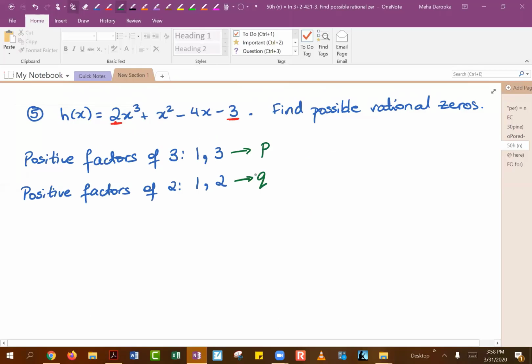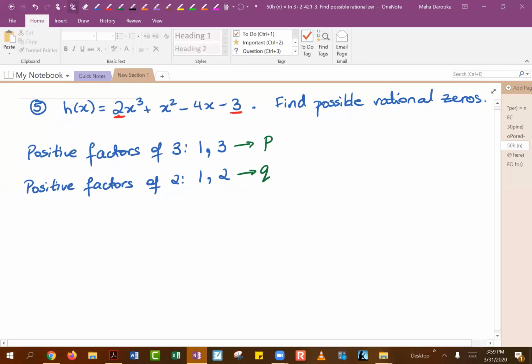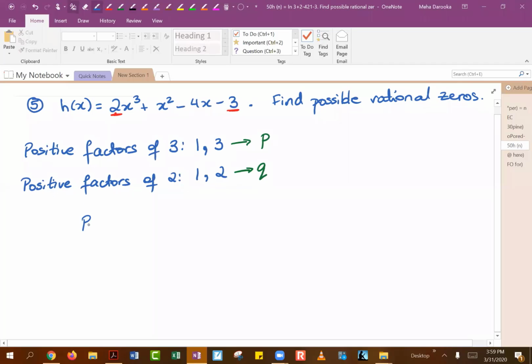Okay, so that's where I'm getting my p and q variables from. So the way we calculate the possibilities for the rational zeros is by looking at this ratio where you're taking p divided by q. So each of these p values, which is 1 and 3, has to be divided by each of these q values.